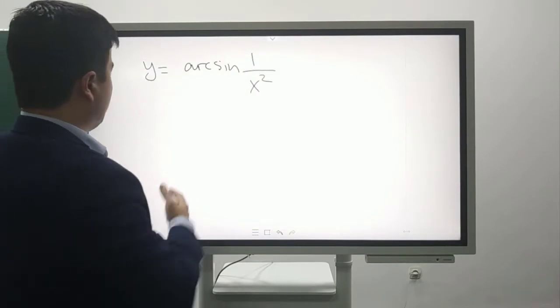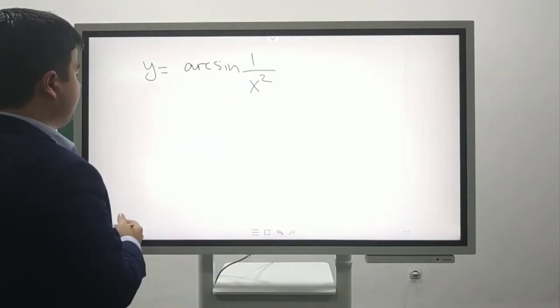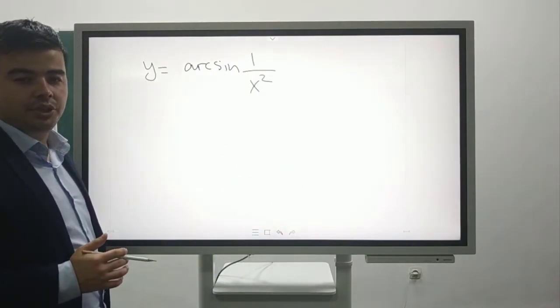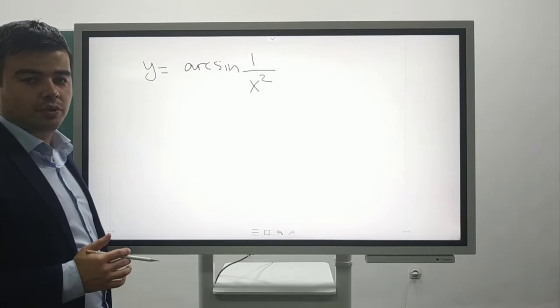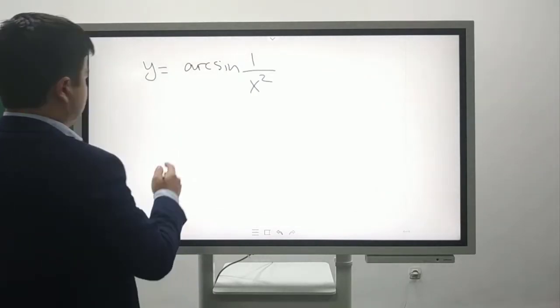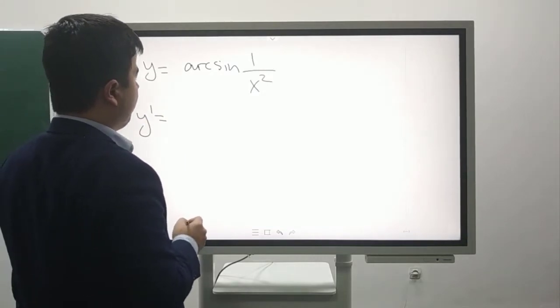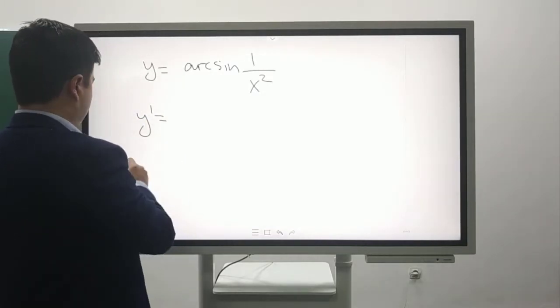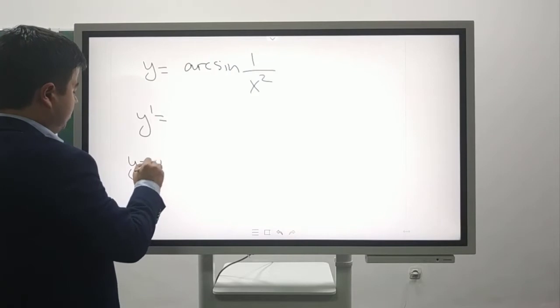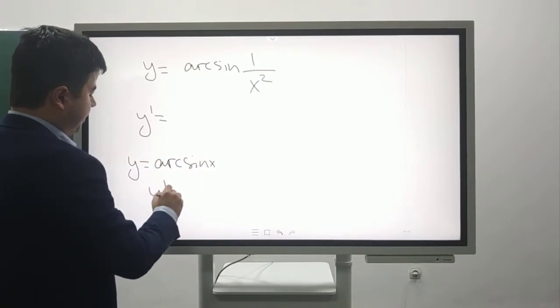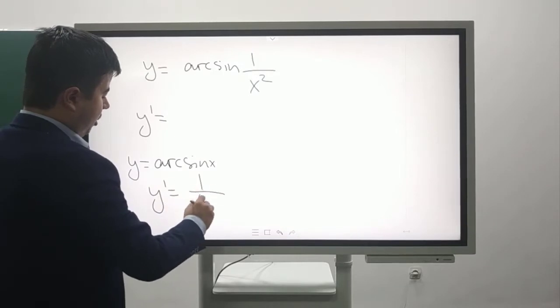So to find the derivative of this function, we use again the formula for the derivative of the composition of two functions. Now it is y prime. The derivative of arcsine x, let's recall, is 1 over the square root of 1 minus x squared.